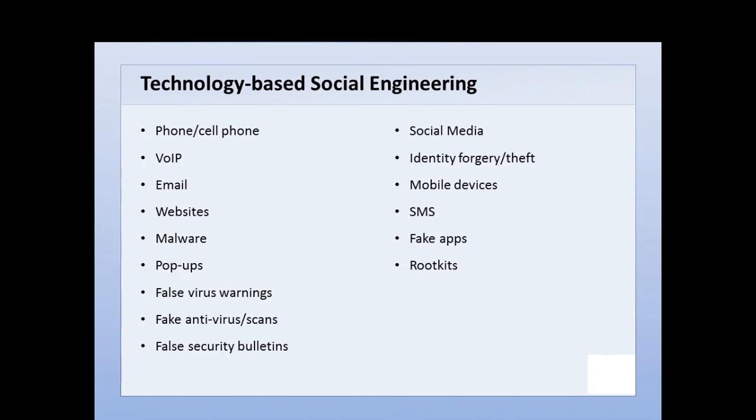Cell phone hacking and social media, voice over IP, email, websites, fake pop-ups, that's really big. False virus warnings and false antivirus that you would click on to get rid of the false virus on your computer that really gives you a virus. Things like that, SMS messages, all kinds of things, identity theft and forgery. These are all technology-based social engineering attacks that attackers do use every day.